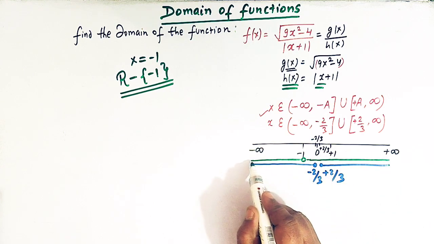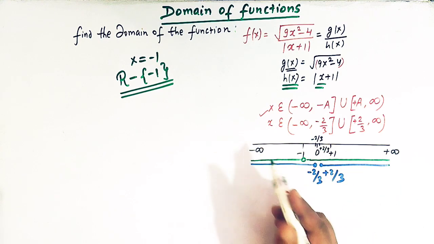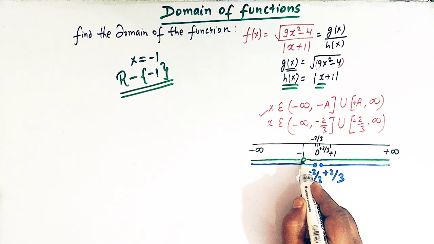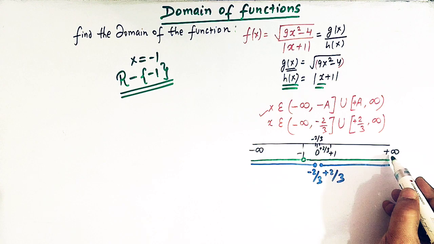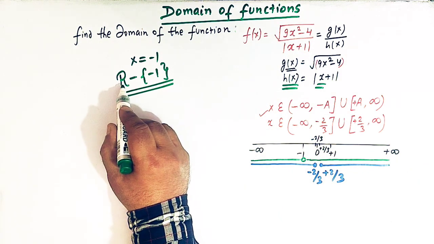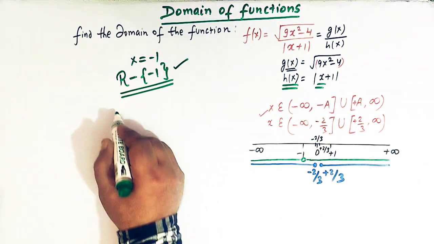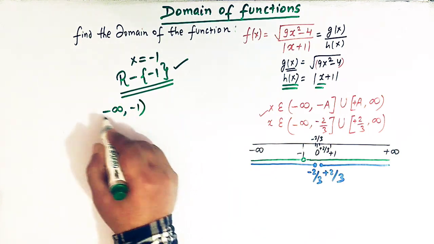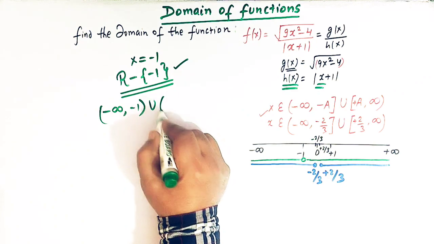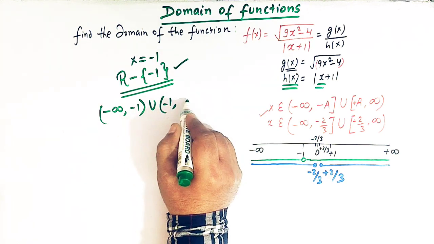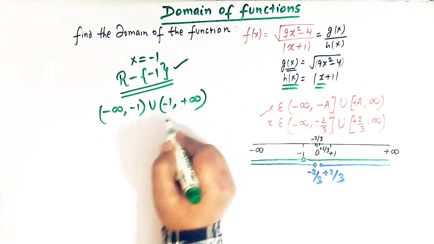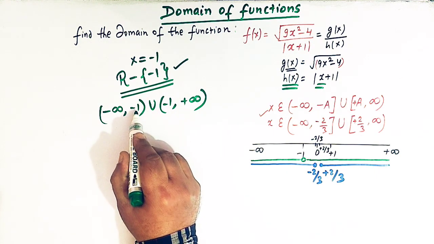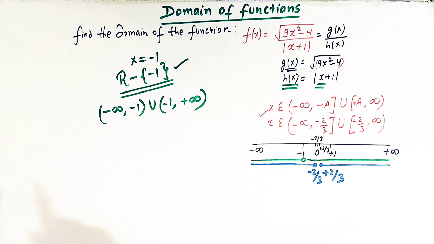So this interval is from minus infinity to minus 1, then from minus 1 to infinity. We can also represent this domain as minus infinity to minus 1 union minus 1 to plus infinity. And remember, here this point, minus 1, is not included.